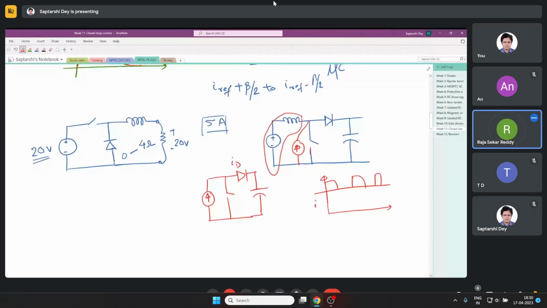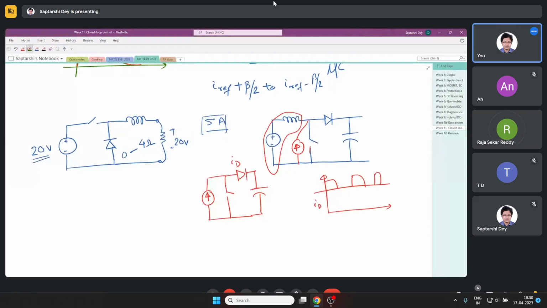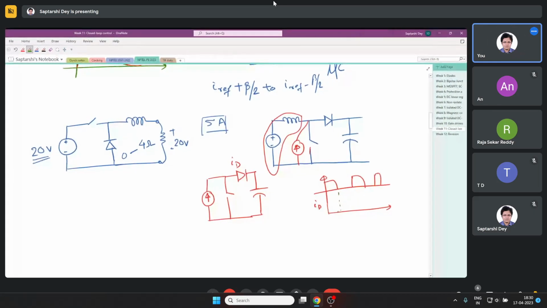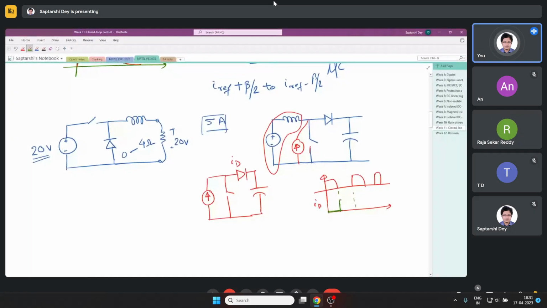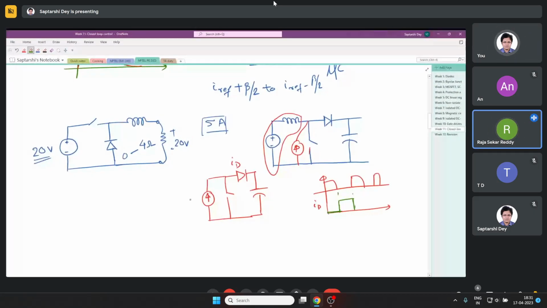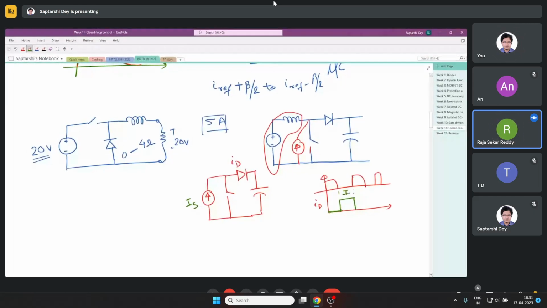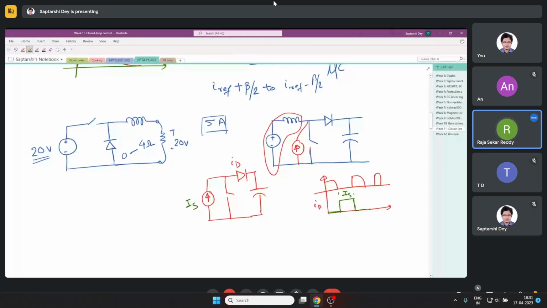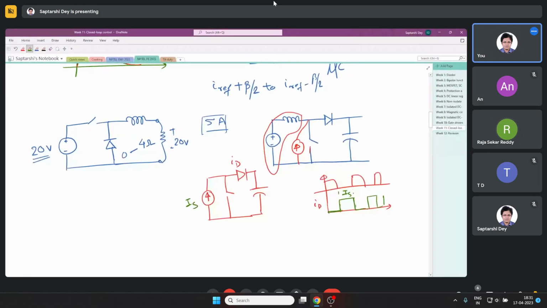When the switch is closed, your diode current is zero. And when it is open, your diode current is whatever source current you have here, that much. So this is the exact diode current that you get in a boost converter.